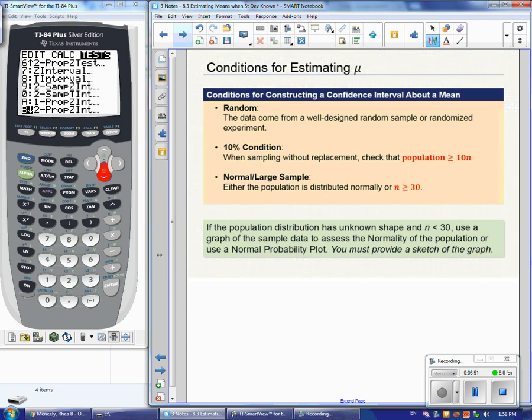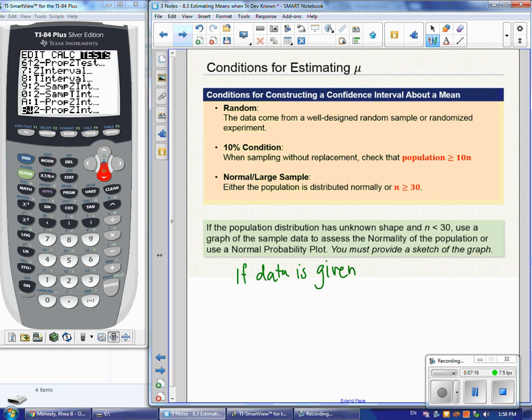The other thing that we can do with means that we can't do with proportions: if it doesn't tell us about the population being normal and it gives us an n value that's less than 30, and if data is given, even so, let's say we have a sample of 20, but I have all the data. So obviously it's not more than 30.